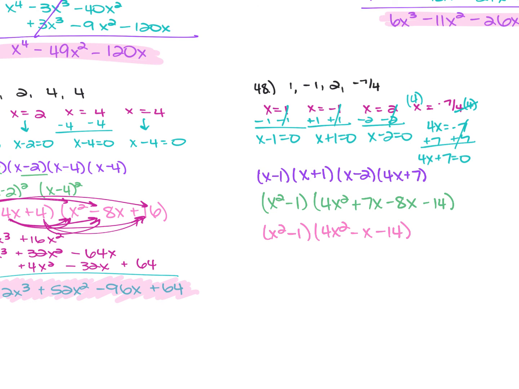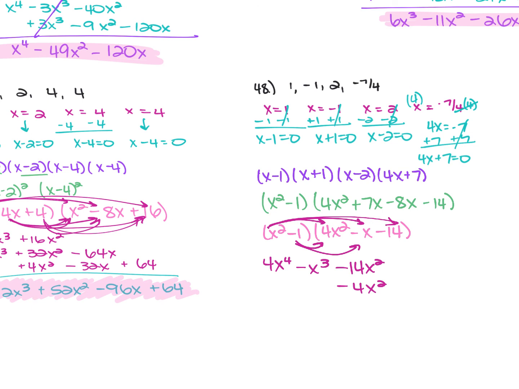From here, multiply it out. X squared times 4x squared is 4x to the 4th power. X squared times negative x is negative x cubed. X squared times negative 14 is negative 14x squared. Then negative 1 times 4x squared is negative 4x squared.